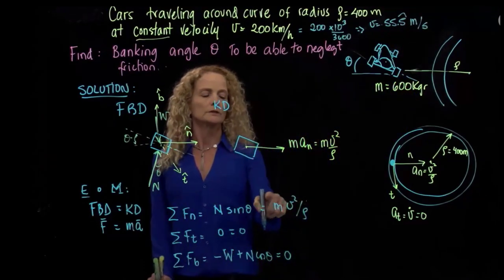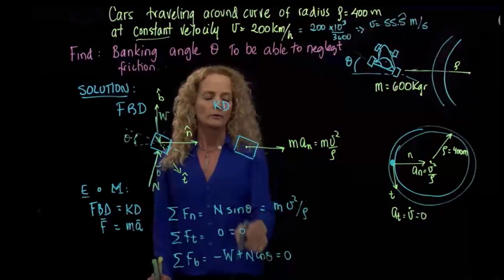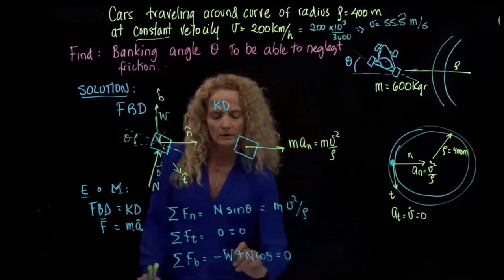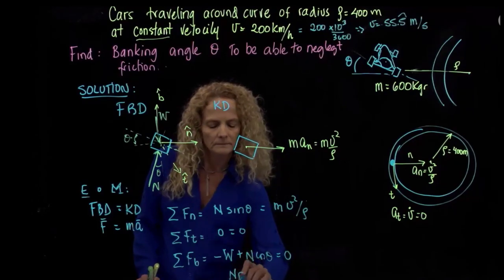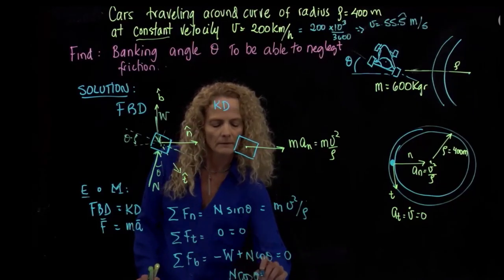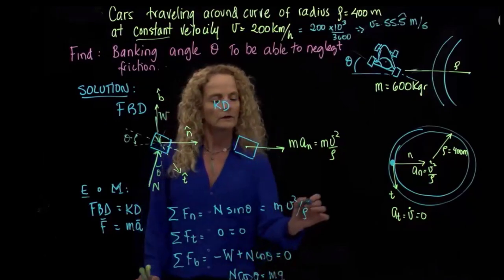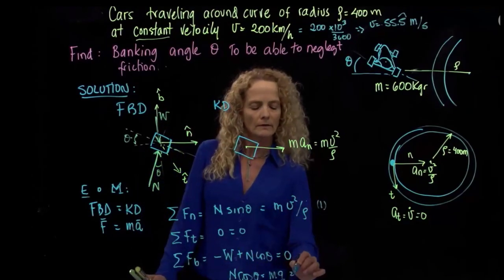So I have the velocity, I have the mass, and what I have to find is the angle. What I'm going to do here: my normal force times cosine of theta is equal to the weight, being the weight, you remember, mass times gravity. So this is my first equation, and this is my second equation.